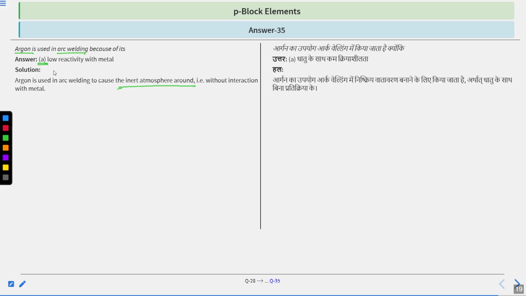Due to this property, argon is used in arc welding. Argon has low reactivity with metal, that's why it is used in arc welding. Thus, our option A is the correct answer.